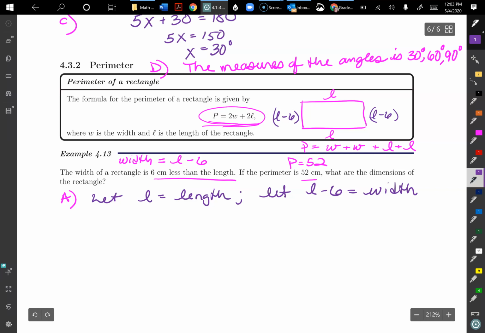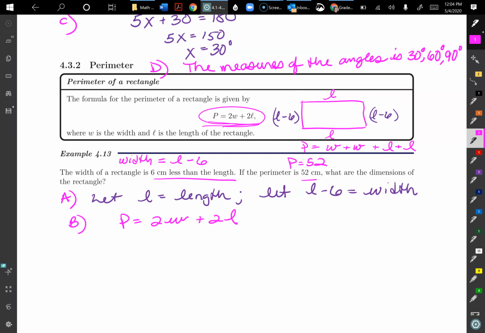Now it's already put in the formula that if we use this formula here that we have, perimeter equals twice width plus twice length. Okay, so we want to be careful that we don't forget that, or that we don't double dip somehow. And it is important to put the parentheses around, especially here. So we're going to now plug in.